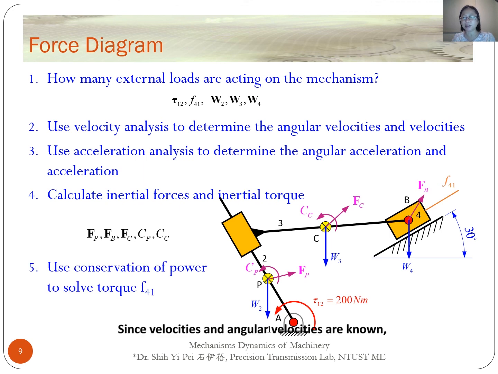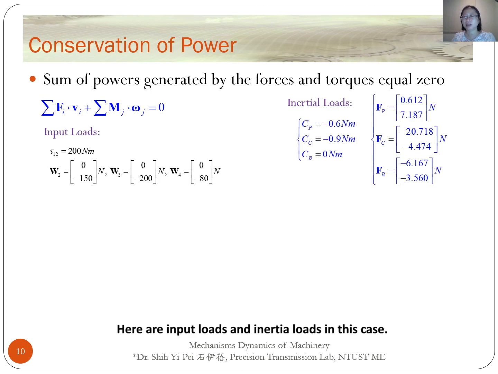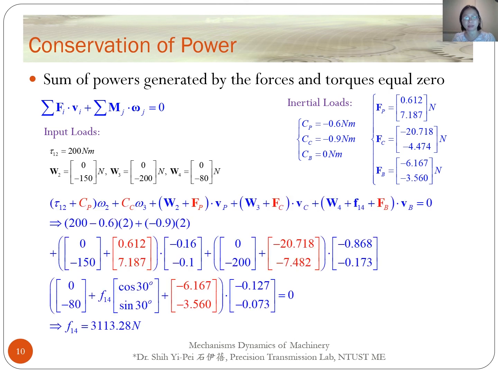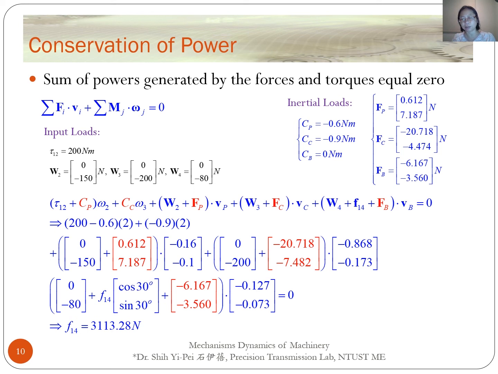Since velocity and angular velocities are known, again, we use the conservation of power to solve output force F41. Here are input loads and the inertial loads in this case. Substituting the loads and the velocity into the conservation equations, we get force F41 is 3,113.2 Newton to the left.